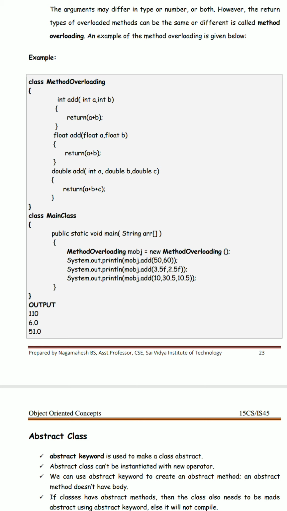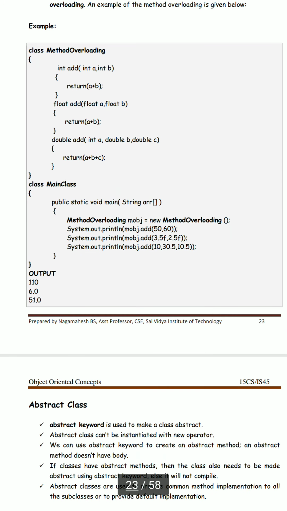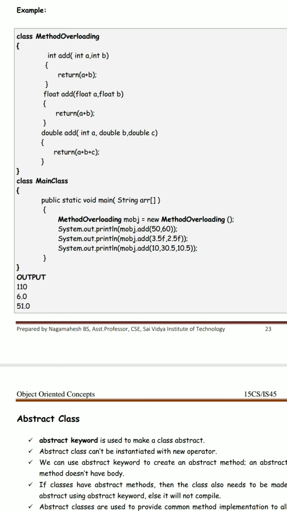All three have their own definitions. Then we have one more class, the main class. In that we have the main method, public static void main. We know that program execution always starts with the main method in Java. Before calling any method or variable of a class outside the current class, we need to create the object of that class.